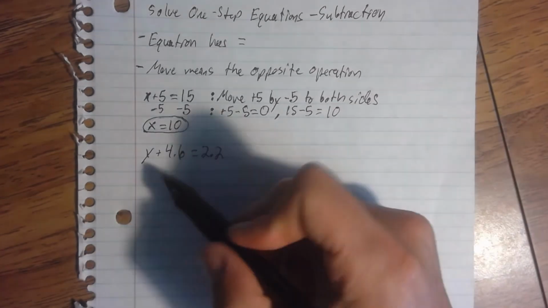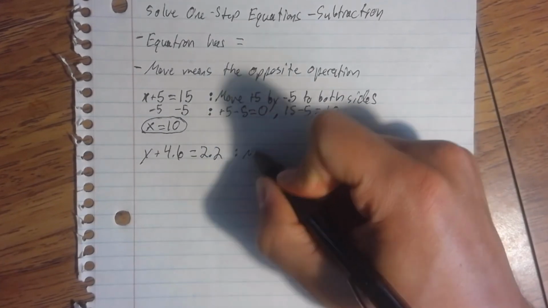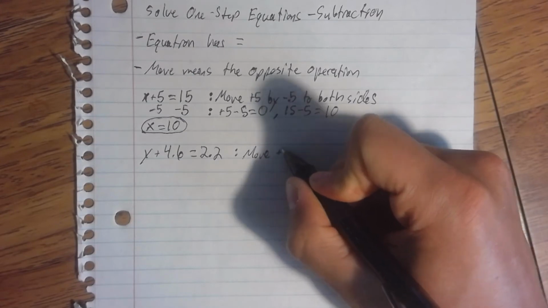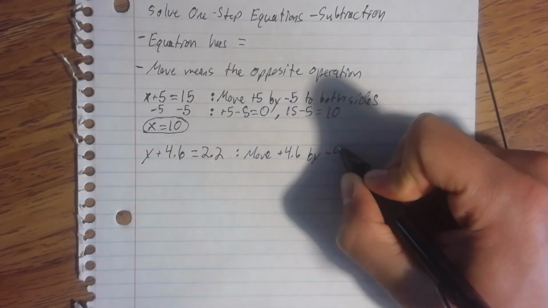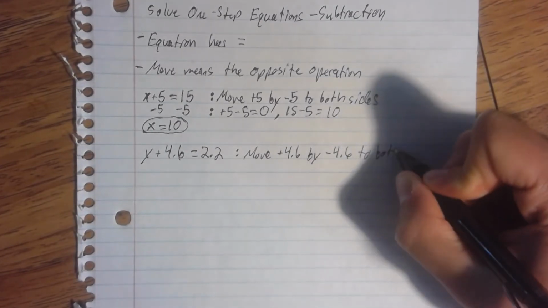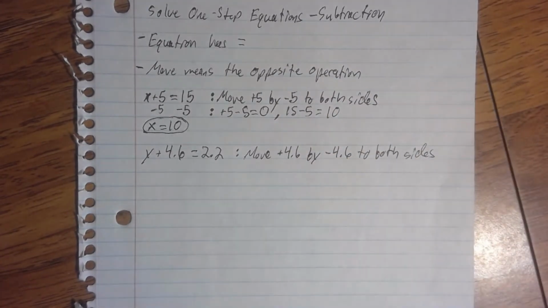So to get the y by itself, we have to move the plus 4.6 by subtracting 4.6 to both sides. So we do that.